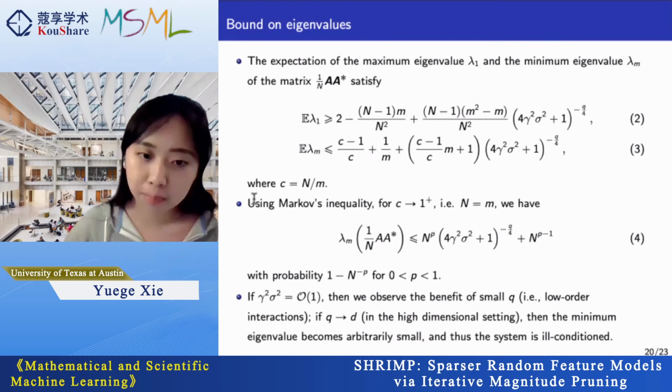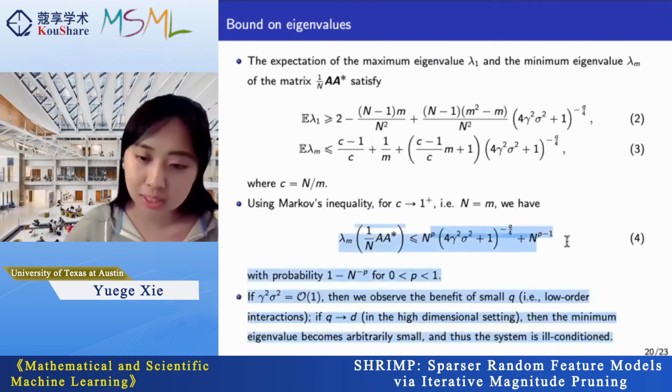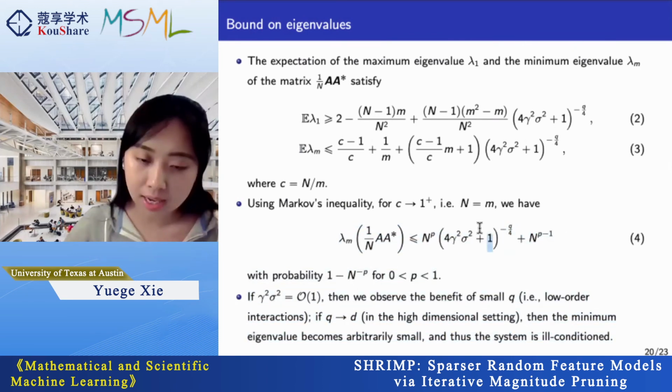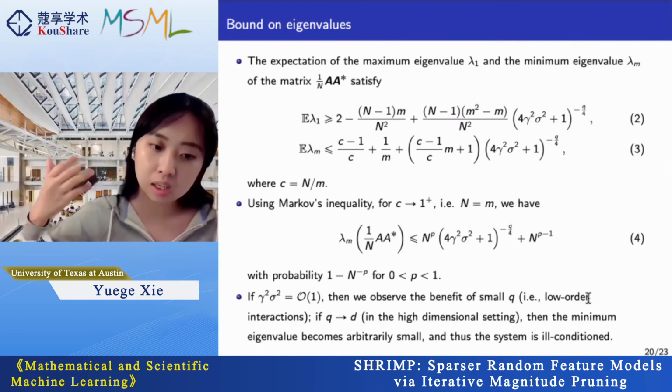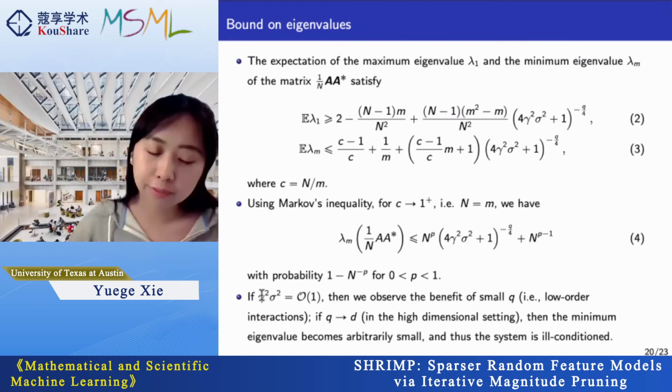And in the special case using Markov inequality, we can have an explicit order bound of n, and also some parameter corresponding to the noise level here, and also the Q low order interaction. I would like to mention we observe the benefits of small q, that is the low order interactions. So if that's with the order 1, we can see the benefit of the small q.